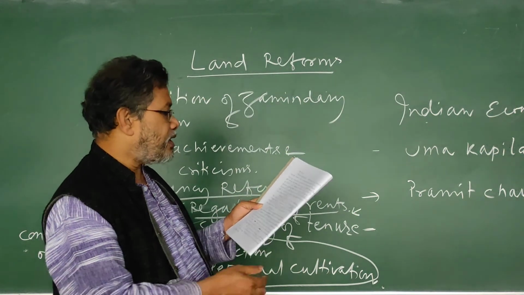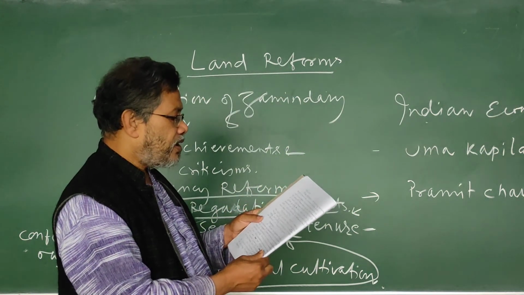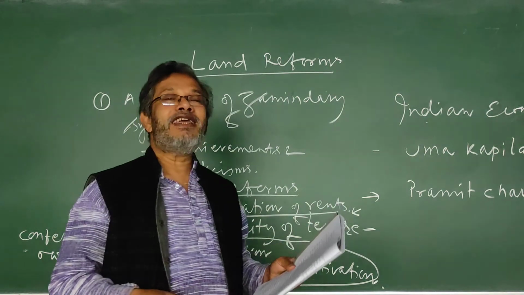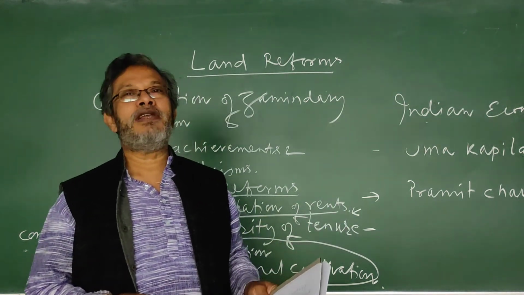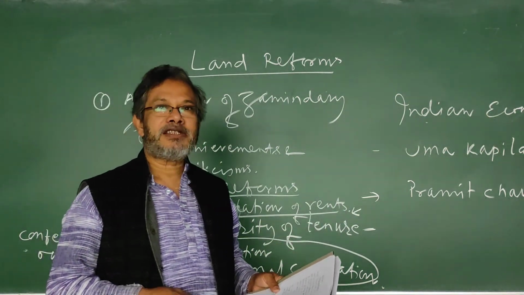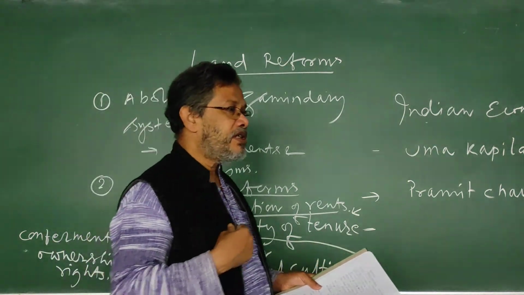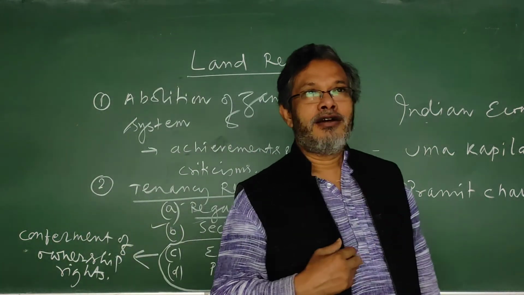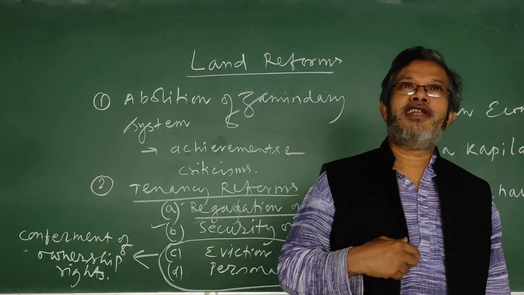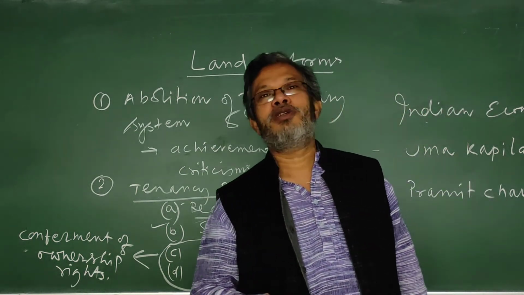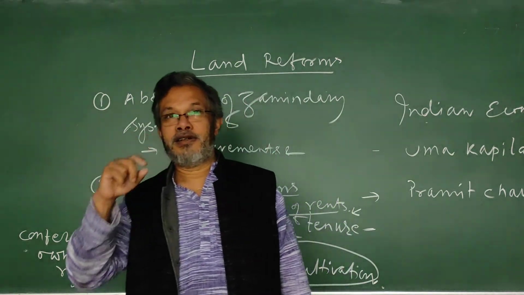The acreage was adjusted in response to irrigation. That means irrigated land, a family can hold maximum 10 acres, without irrigation 18 acres.